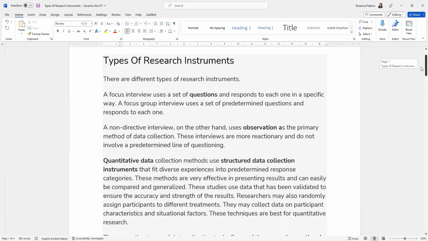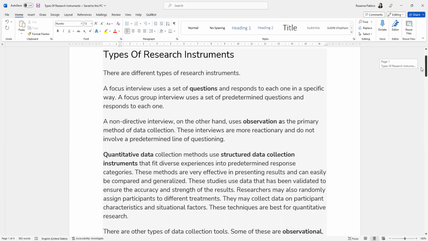And a non-directed interview, on the other hand, uses observation naman as the primary method of data collection. These interviews are more reactionary and do not involve a predetermined line of questionings. Okay? Non-directed interview, dyan free-flowing lang yung mga questions at saka yung mga sagot ng mga respondents.